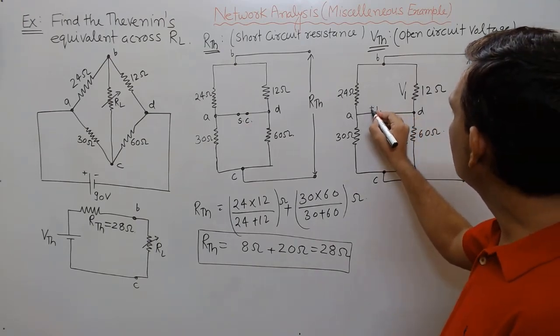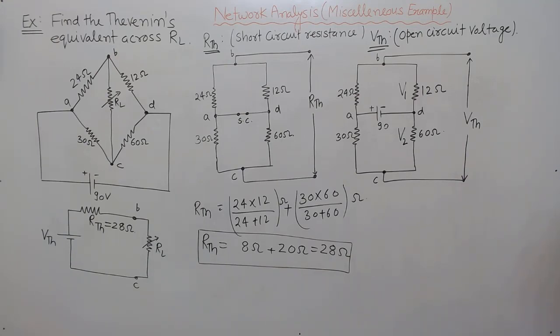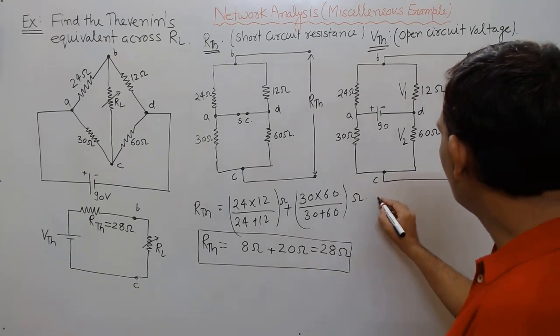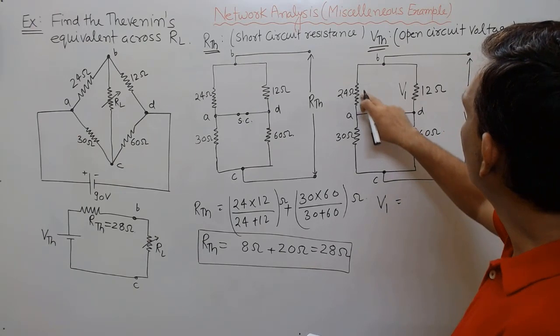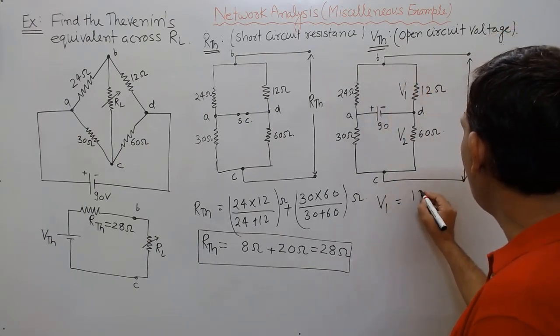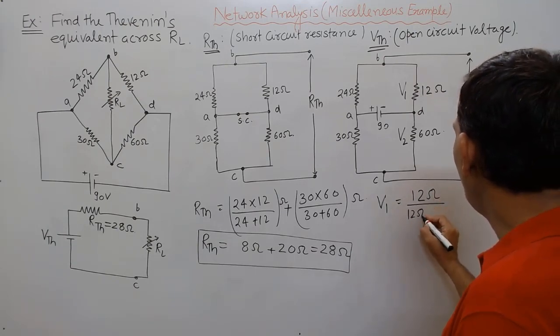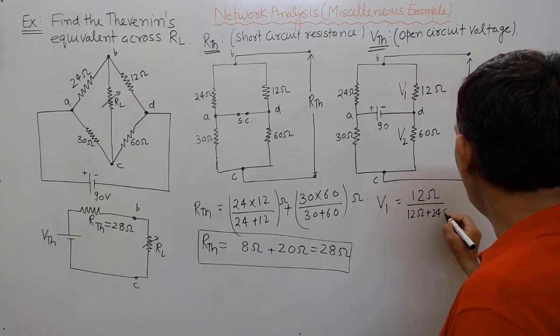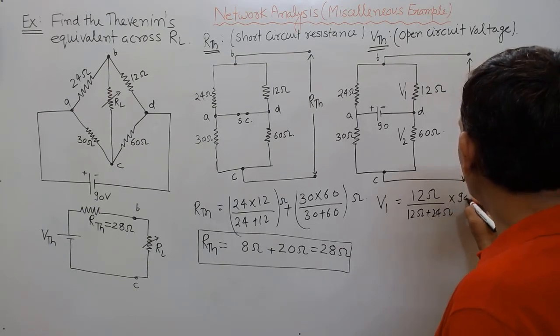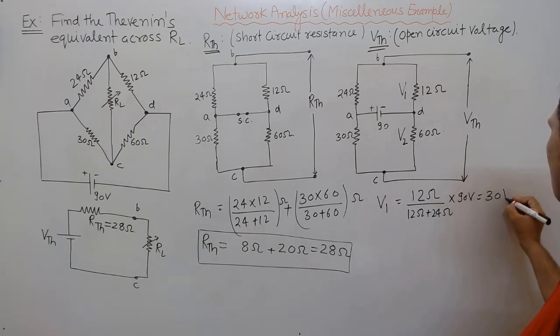So this polarity is plus minus. So what will be V1? You can easily see this V1 will be, in this loop you can use the voltage division rule. So this will be 12 ohm by 12 ohm plus 24 ohms into 90 volt. And if you solve this, you will get 30 volt.